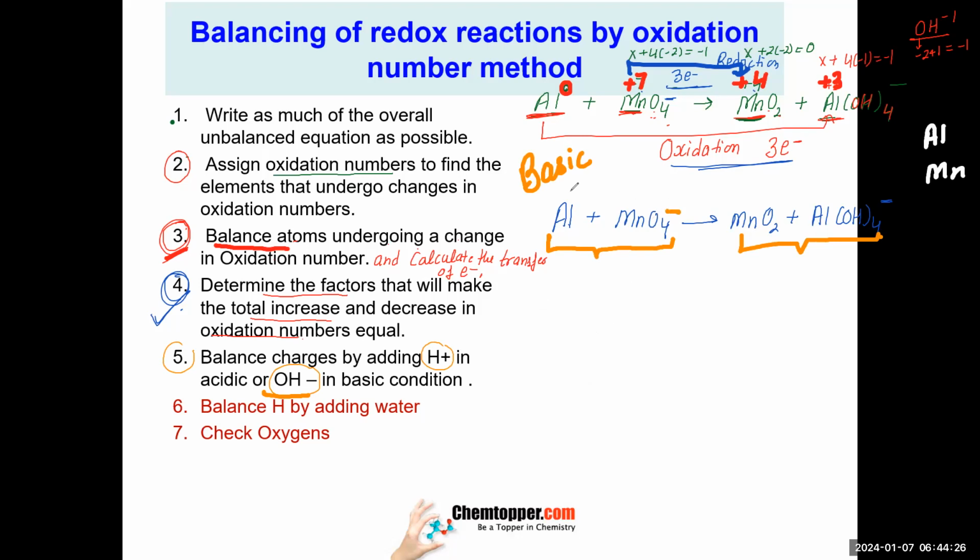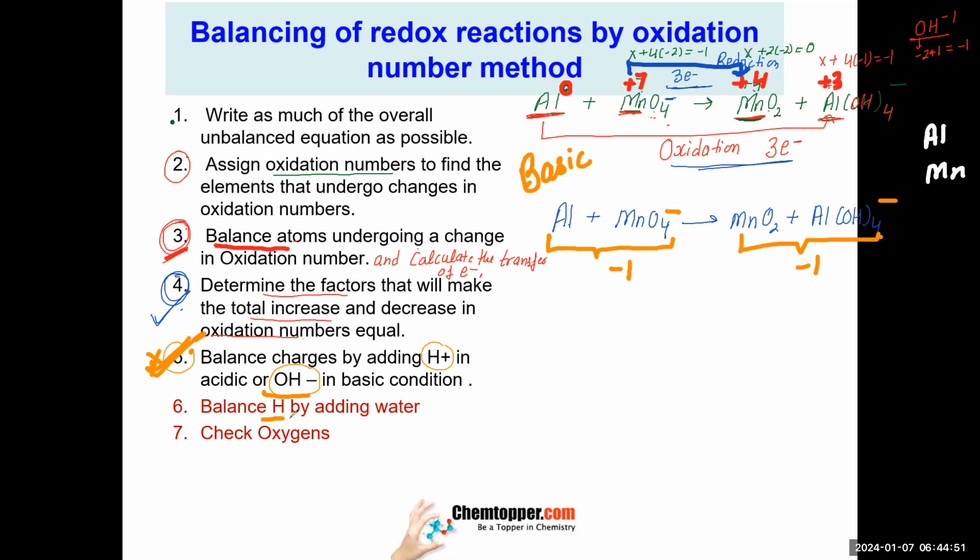Yes, children, how much charge on this side? You remember how to balance charges? -1. And how much on the other side? -1. Charges are equal. So I need not do this step also. This equation is very simple. We are not doing anything till now. Everything is coming out equal on its own. So this point is done.